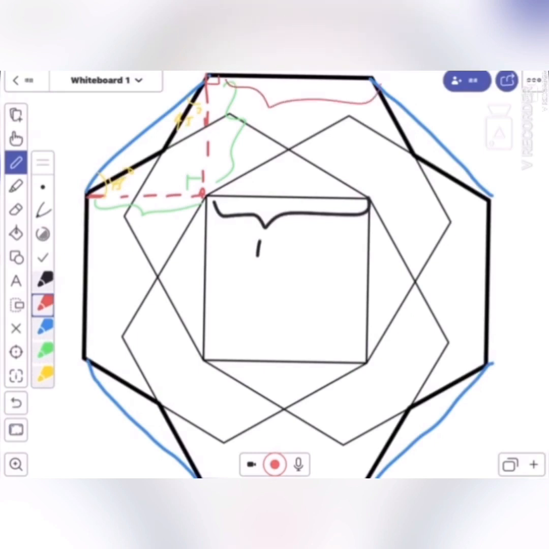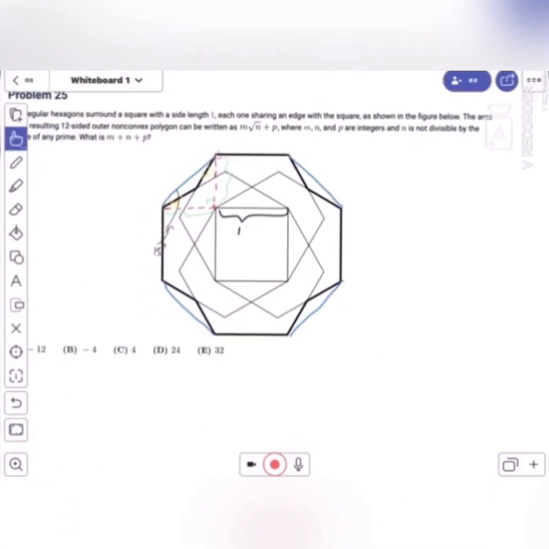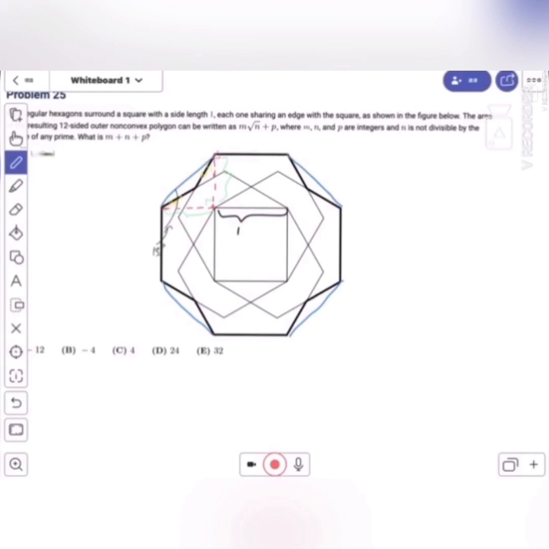Because this is also equal to 1. So this is a right angle. So therefore, we can prove that all such angles, this kind of angle is 135 degrees. Right. So therefore, by symmetry, these are all 135 degrees, which is just an equiangular octagon.